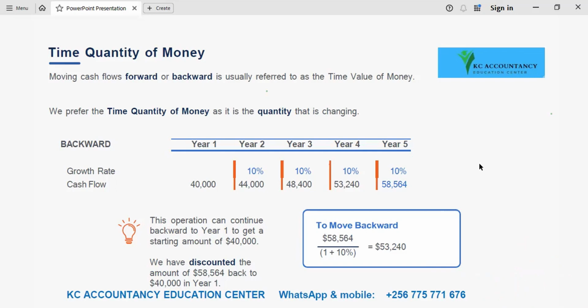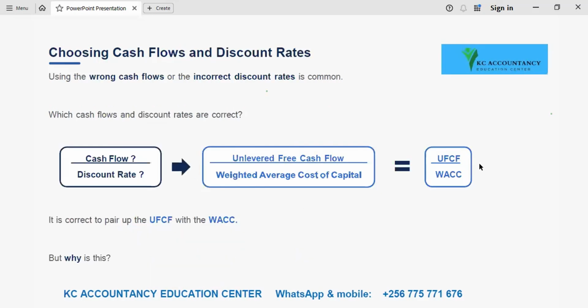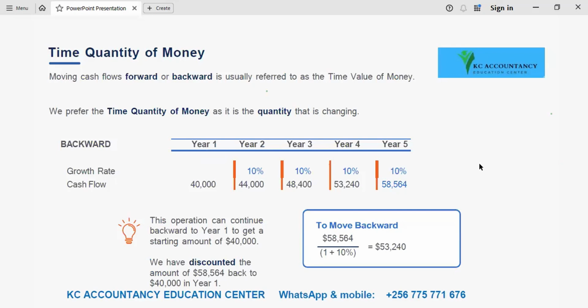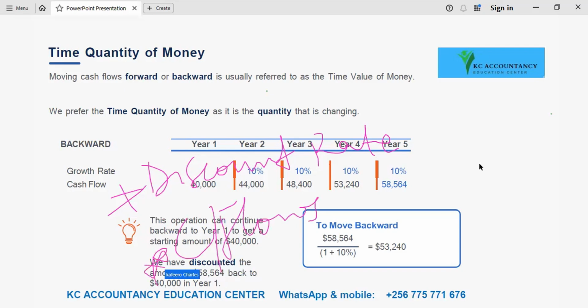We also need the right discount rate. Otherwise, you will not be able to have a proper DCF computation. These two are the areas where people often make mistakes.